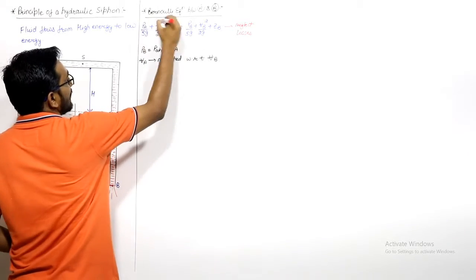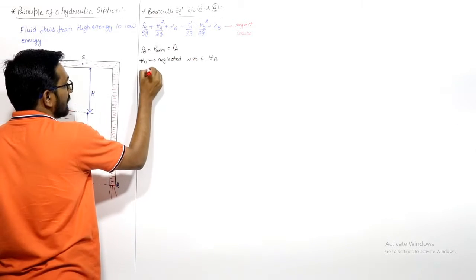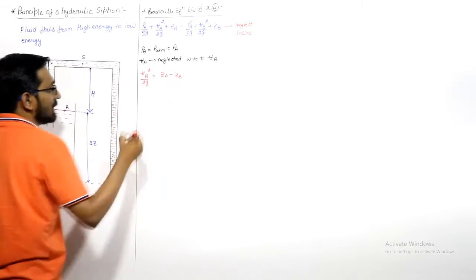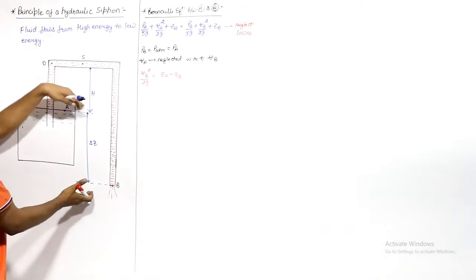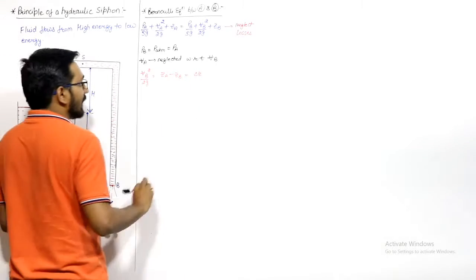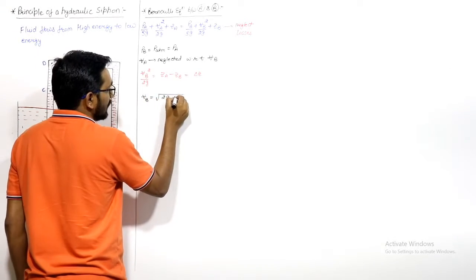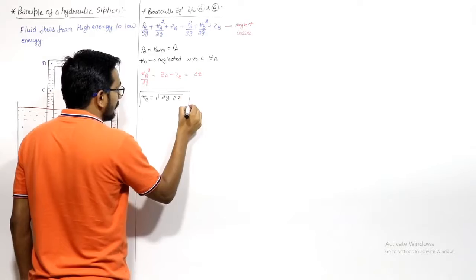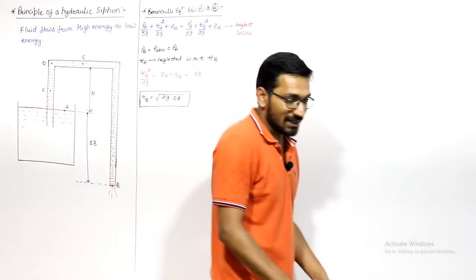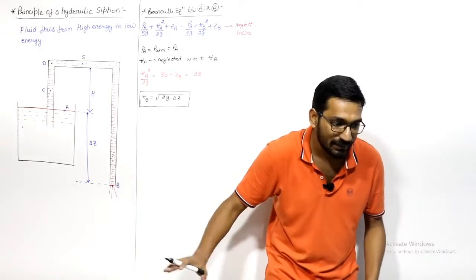So from here, PA and PB will cancel out, and VA will become 0. So I can write VB square by 2G is equal to ZA minus ZB, and the difference between these two elevations I term as delta Z. So the velocity at point B will be equal to the square root of 2G delta Z. So the velocity at point B is created.